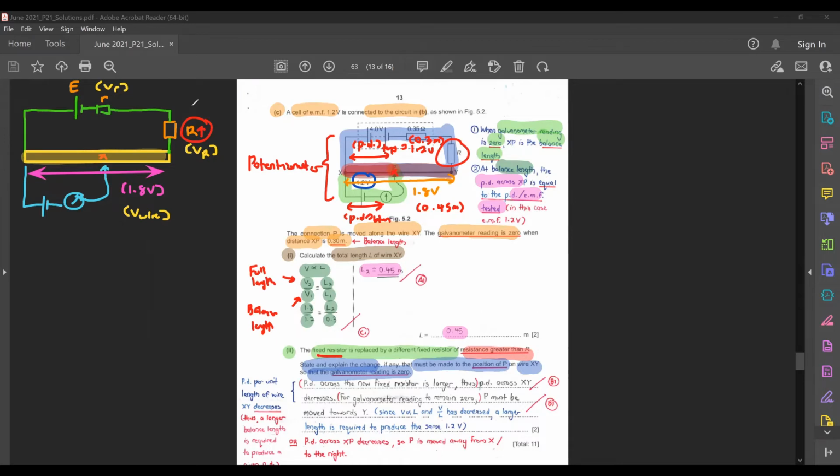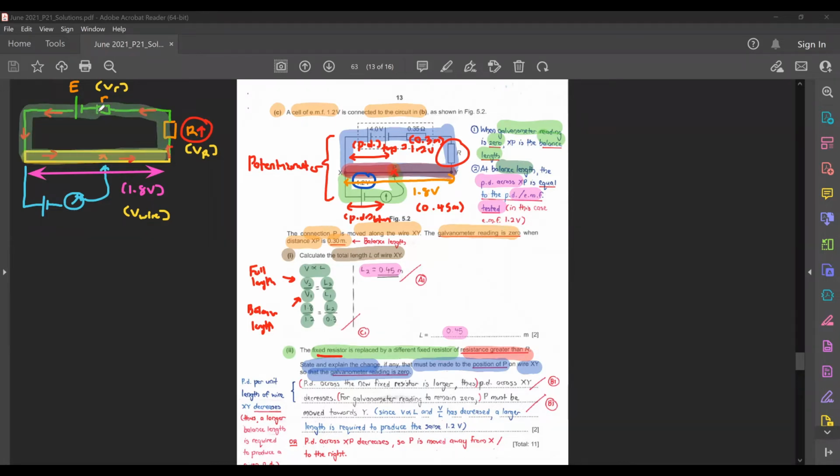Now, in our case, when the fixed resistance is increased, we are interested to find out what happens to the PD across the uniform resistance wire. There are two ways in which we can find this out. Now, the first way is by looking at the current that comes out of the cell. The current that comes out of the cell will be flowing like this. Okay. It will only be flowing within this top loop right over here.